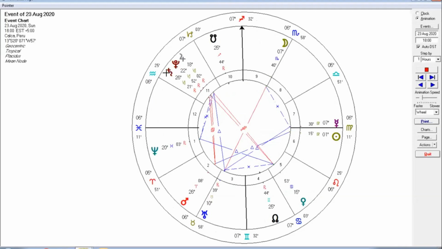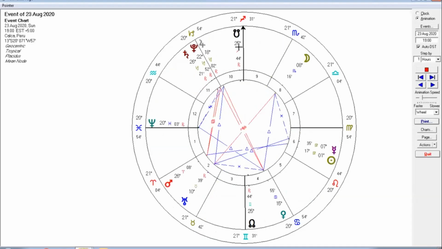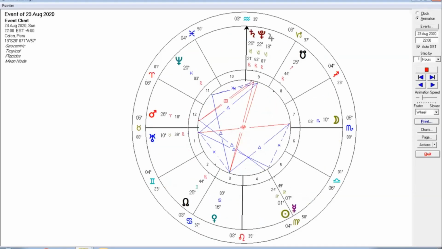And if you pick the movement of any planet, so if we follow Saturn here, move it forward an hour at a time, you see it moves at the same speed through the houses. And so this is why your ascendant sign and which houses the planets are in are very, very closely tied to what time of day you were born.